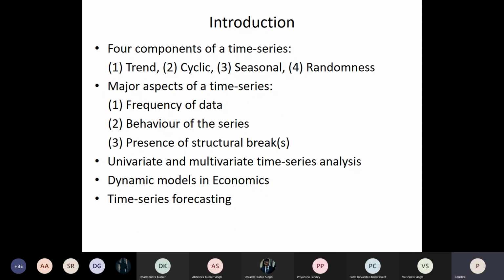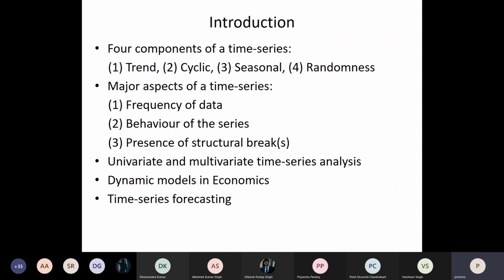So this basically comprises univariate time series analysis, and the other may be multivariate time series analysis, where we may try to look at the relationship between, say, savings and GDP over the period of time. So in time series analysis, we do both univariate analysis as well as multivariate analysis.